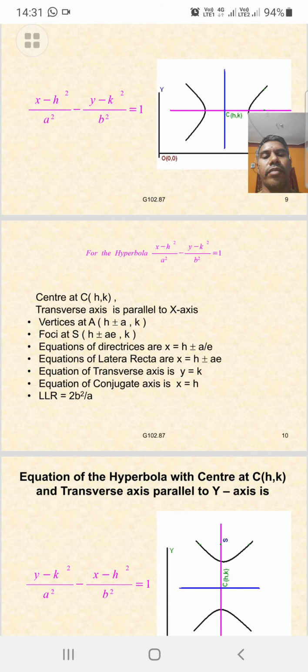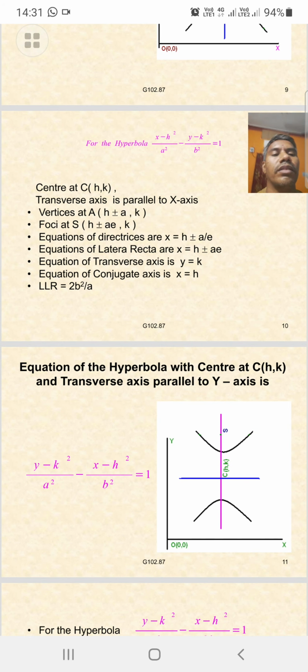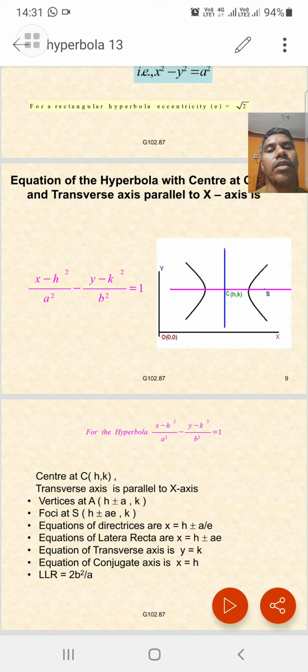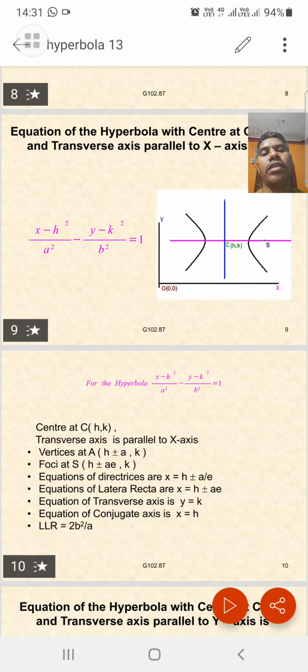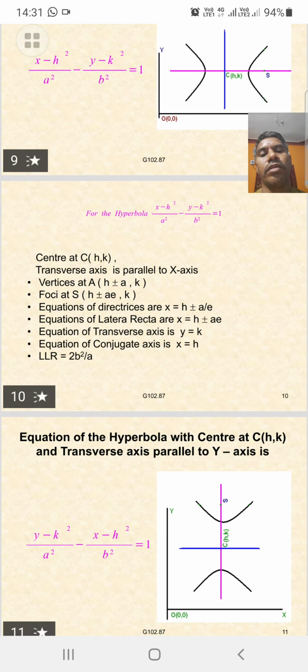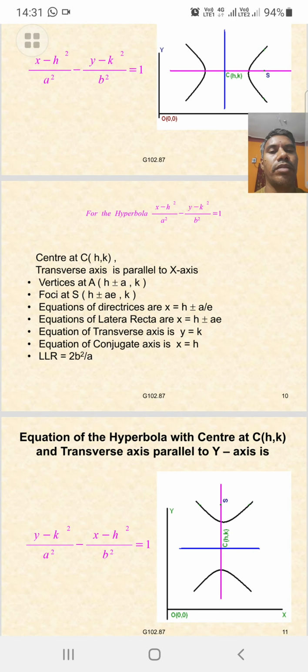It is like the ellipse. The ellipse also has 4 forms: the first two with center 0, 0 and another 2 with center h, k. In the same way, the hyperbola also has 2 forms with center 0, 0 and 2 forms with center h, k. So in total the hyperbola has 4 forms majorly.